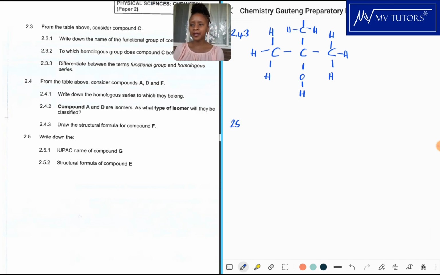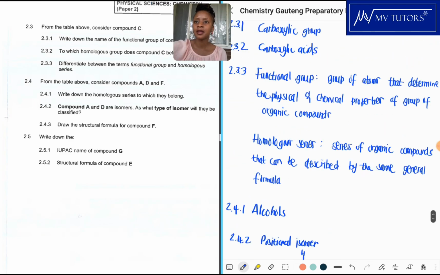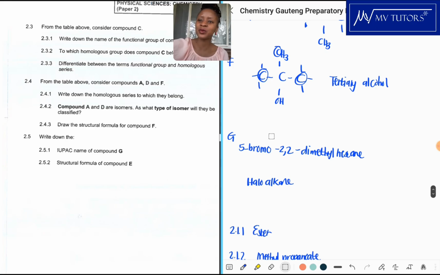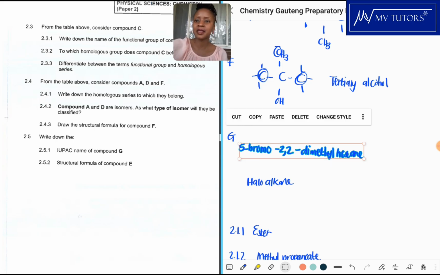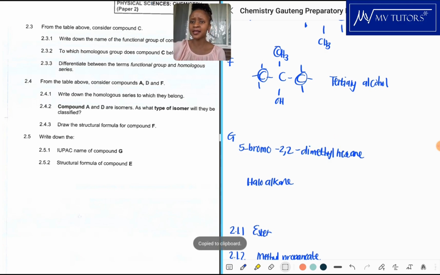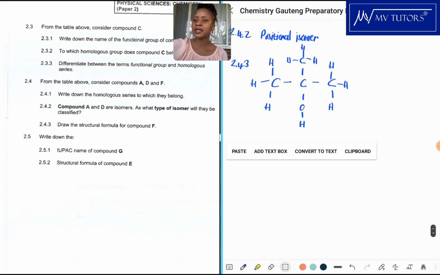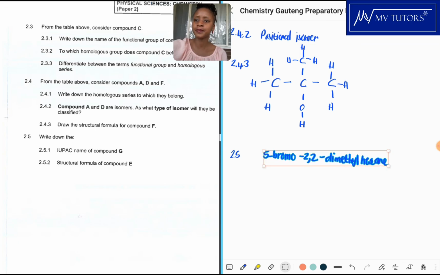Write down the IUPAC name of compound G. I'm going to copy and paste. There we have it. We discussed it quite in detail. So yeah, it is the 5-bromo-2,2-dimethylhexane. Okay, so that is the name. And then what did it say now? What do they want for 2.5.2?